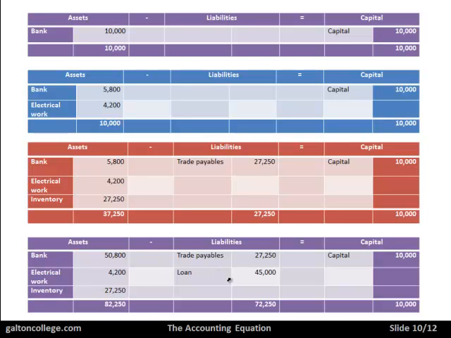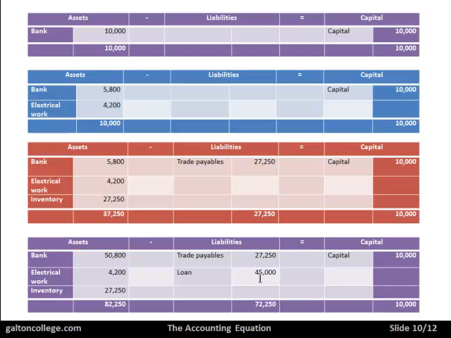He decided to get a loan because his debt here, the money, was getting a bit big, 27,250. He owes that and he has to pay it. So as a contingency, just in case he hasn't made any sales, he needed to borrow £45,000, which he did here. So his bank account, of course, has gone up now by 45,000. That's 45,000 plus the 5,800, which is 50,800.